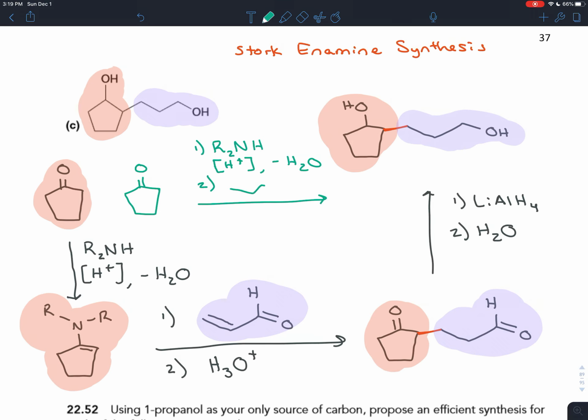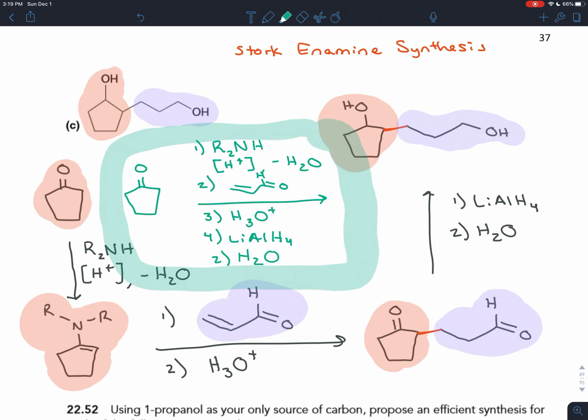Then you would use the alpha-beta unsaturated aldehyde that gives you the specific molecule you want, followed by aqueous acid, so hydronium, and then in the last step, reduction. So first, lithium aluminum hydride, and second, a water wash to stabilize any charges. And that beautiful recipe will create this magnificent product.